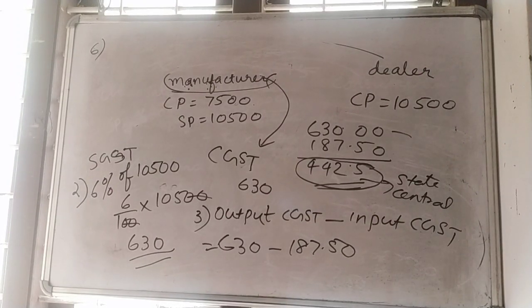Net tax paid by the manufacturer to the central government and the state government, each one will be 442.50. Then the amount paid by the dealer for the finished product.